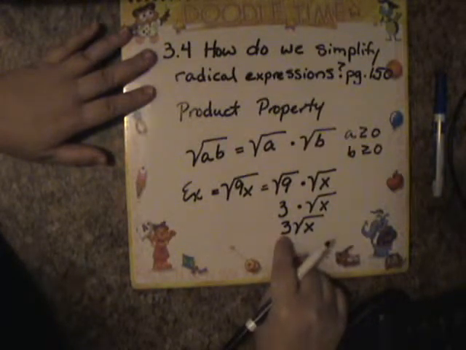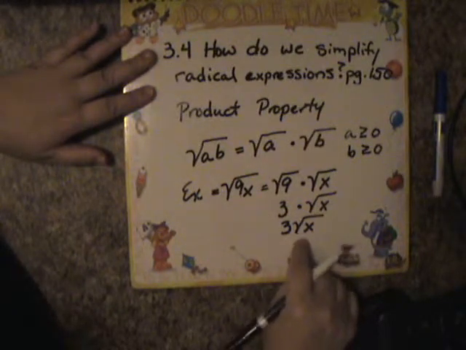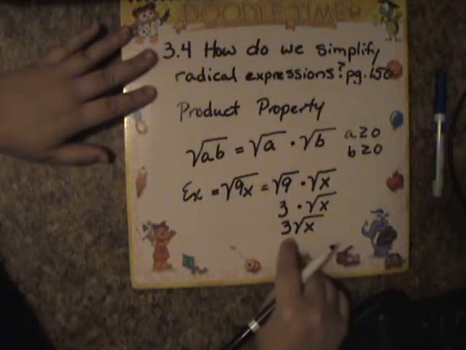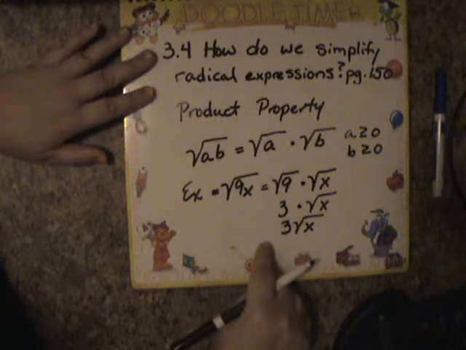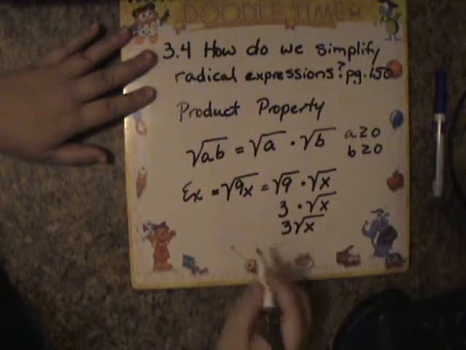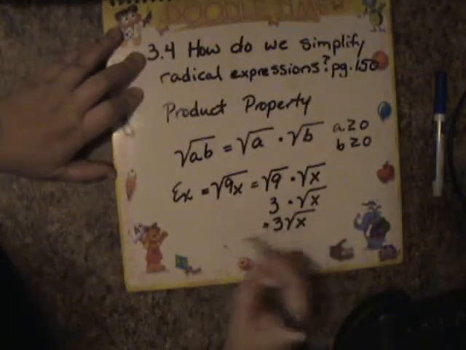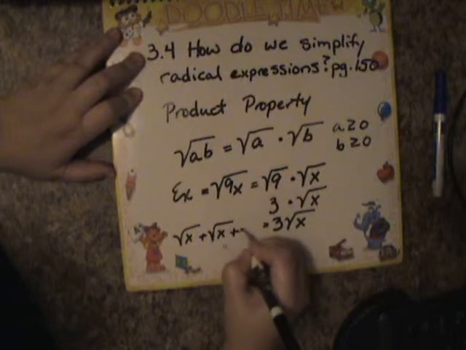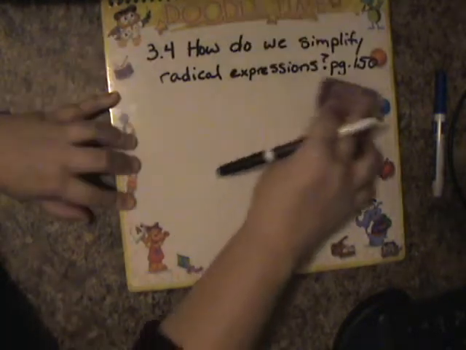And 3 square roots of x is usually how you would hear it spoken, 3 radical x, because it literally means the square root of x plus the square root of x plus the square root of x, which is 3 radical x's. I'll write it here: the square root of x plus the square root of x plus the square root of x. And this would be 1, 2, 3 of them.